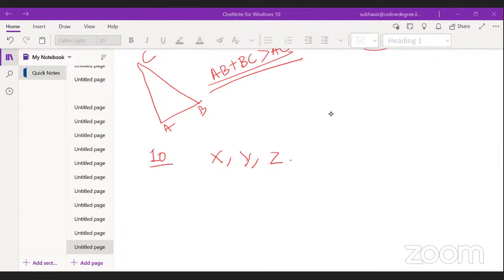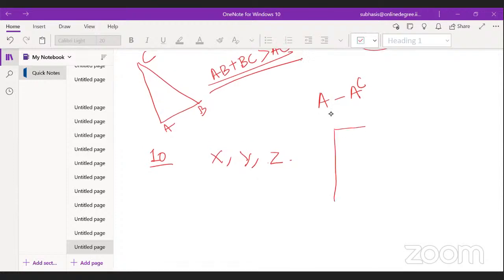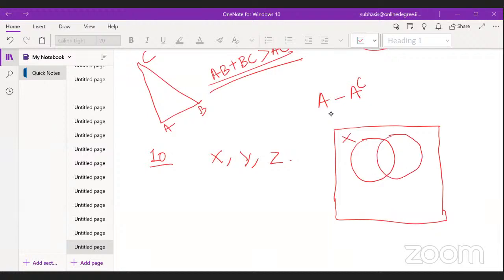So you have three sets. And for a set A, we are denoting the complement as A complement. So you have this diagram, X, Y, and Z, right?